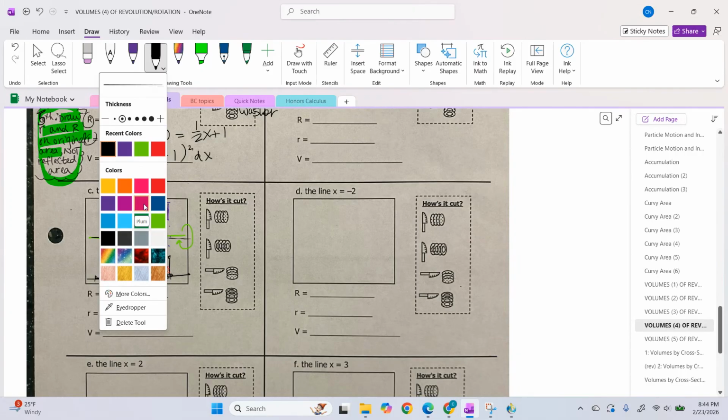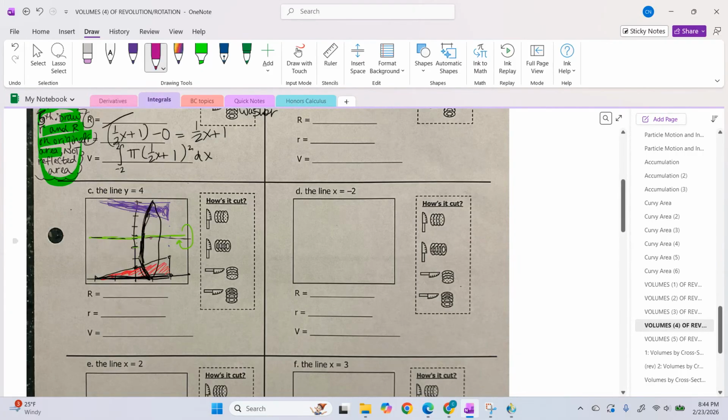So whenever I draw this, I always say this to myself. I'm going to start from the line of revolution, and I'm going to draw until I hit the inside function. Whoop, right there. That's little r. And then I'm going to start over from the line of revolution, always. Keep drawing until you hit the outside thing, which is right there. There is big R.